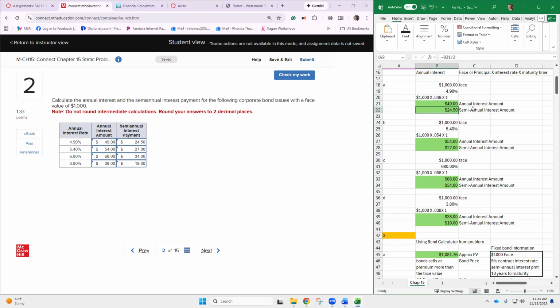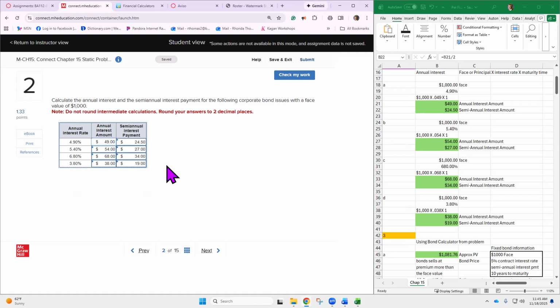If you converted that into semi-annual interest, it's simply half. So $49 is paid to the bondholder, or two payments of $24.50. It just depends on the contract of the bond how often they pay interest.